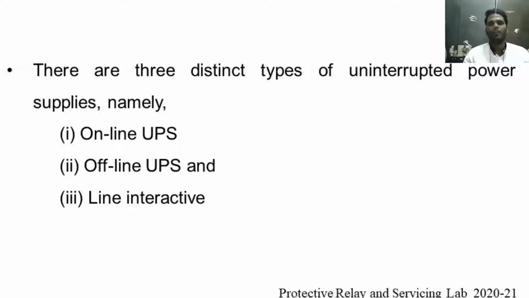Once the power has failed, the mains goes off, and the power is taken from the batteries in terms of DC, which is converted from DC to AC by means of an inverter and given back to the load.